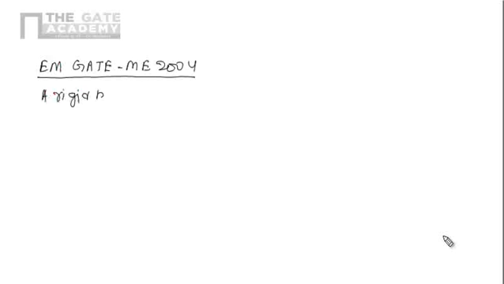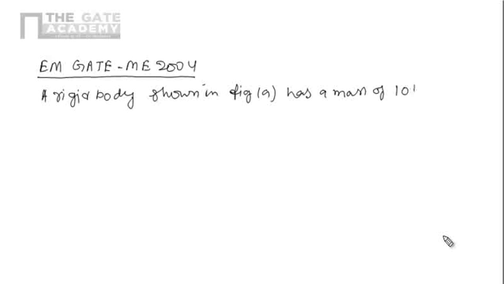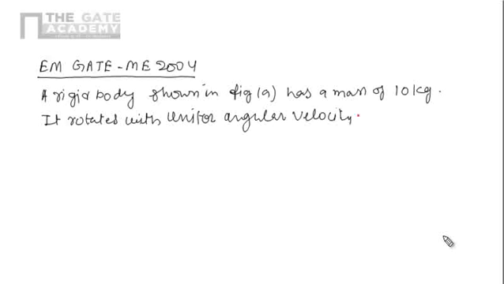Now let's take another problem which was asked in GATE 2004. Engineering mechanics, GATE AME 2004. I am just writing the problem. A rigid body shown in figure A has a mass of 10 kg. It rotates with a uniform angular velocity omega.